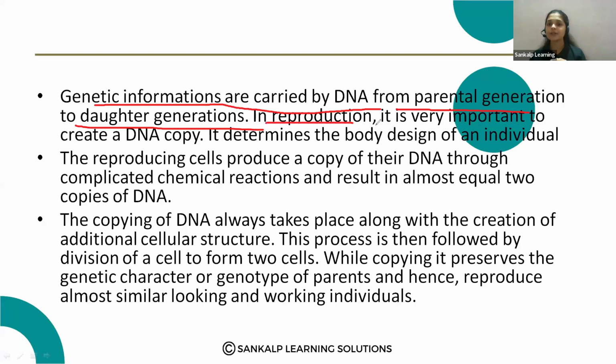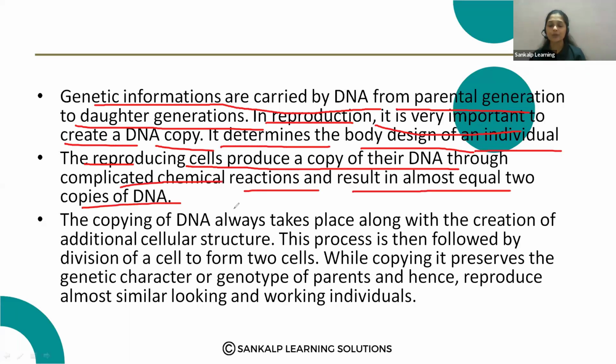In reproduction, it is very important to create a DNA copy, and it determines the body design of an individual. The reproducing cells produce a copy of their DNA through complicated chemical reactions, resulting in two almost equal copies of the DNA.